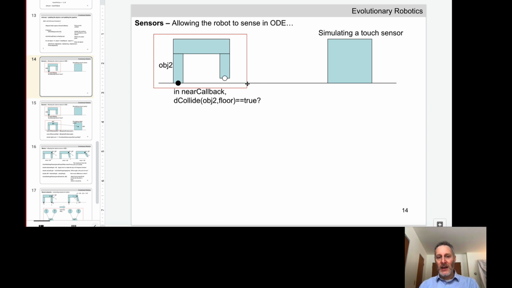In this example, let's imagine the front leg is called object 1. We can ask whether the near callback function between object 1 and floor has been called. If it hasn't, we set this touch sensor to -1. So in either ODE or PyBullet, we're exploiting contact detection and resolution to simulate a touch sensor.